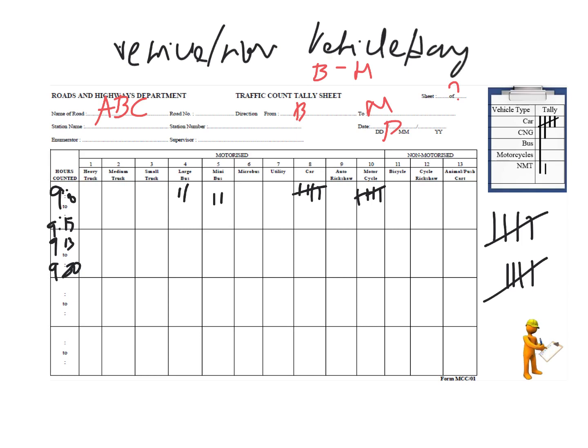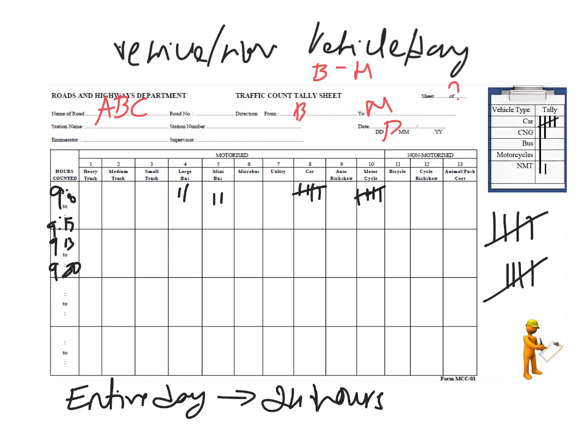The survey has to be conducted throughout the day. I mean to say that the traffic volume data has to be taken for 24 hours, covering 7 days a week, in 365 days. To have accuracy in the data you have collected, we need to collect the details throughout the year, with the entire 24 hours of data available.